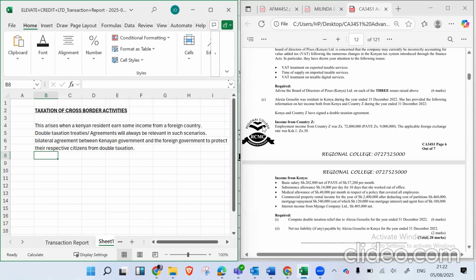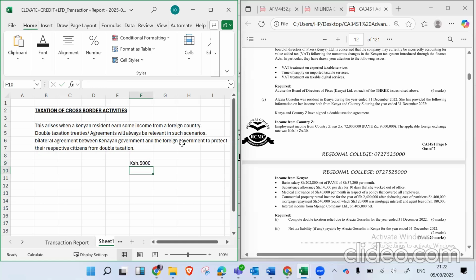So inamaanisha kuwa when you maybe look at a foreign country like maybe Uganda, wamekucharge tax ya maybe 5,000. In Uganda, an equivalent of Kenya shillings 5,000 was paid.